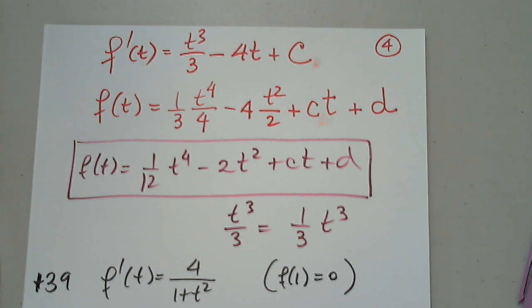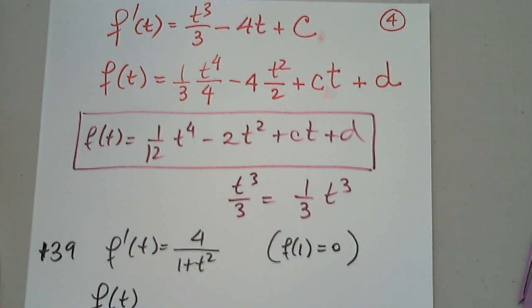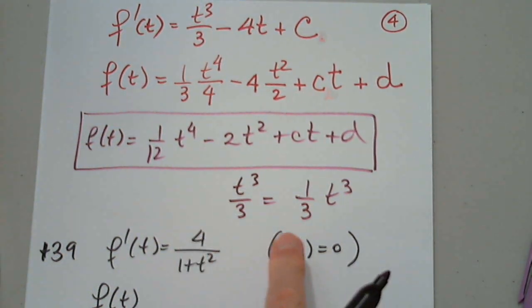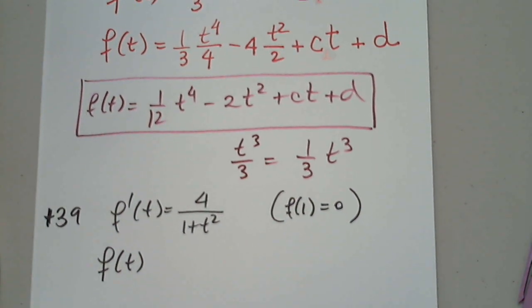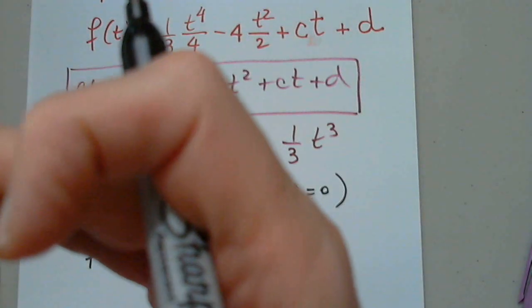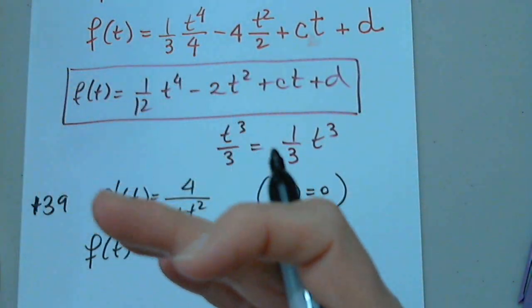No, they're asking us to find the specific antiderivative, which, because we have f prime, we have to call f of t. It's going to be a unique function whose derivative is this and fulfills this condition. But first, we have to find the most general antiderivative. So let's find the most general antiderivative first.